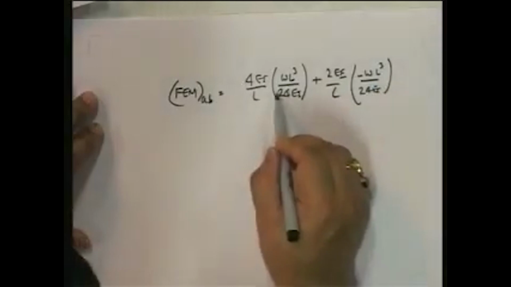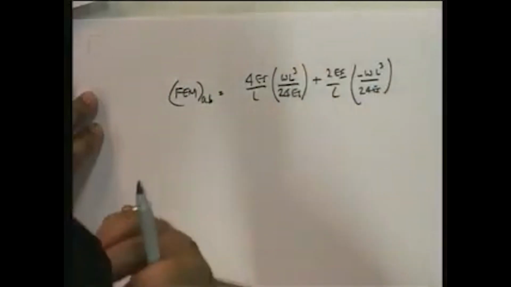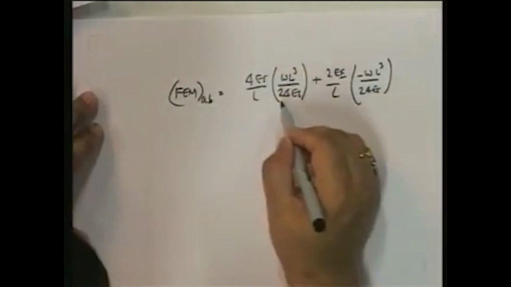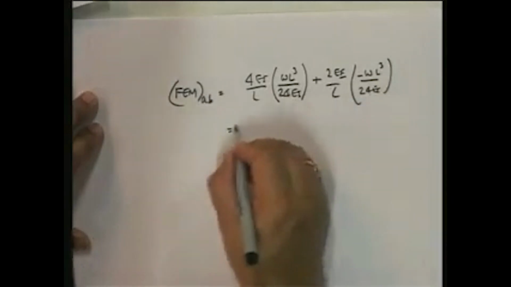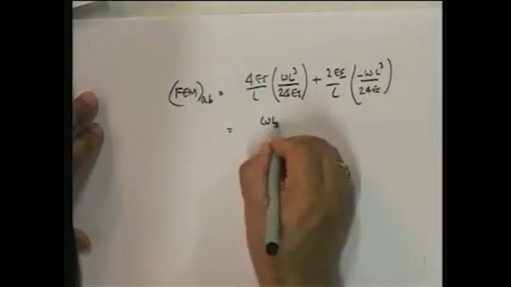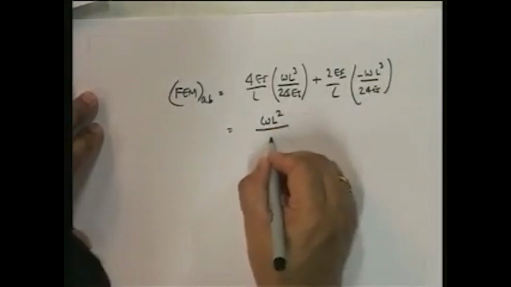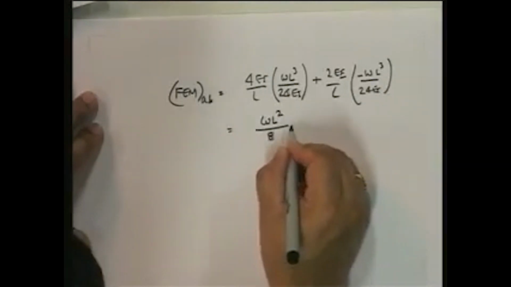If you look at this, L into L will make it WL squared, EI cancels, and this becomes minus WL cubed by 6. So if you put it together, you will see that this turns out to be WL squared upon 8.